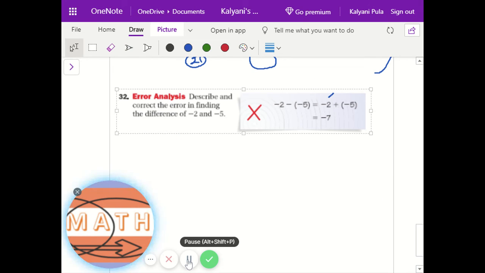Okay, go ahead and read this question. We're going to find some error in the question. Go ahead and read it. So the difference of negative 2 and negative 5, and there is a problem done. We need to find out what's wrong with that.